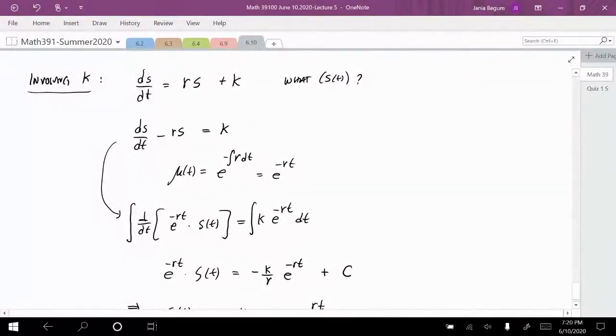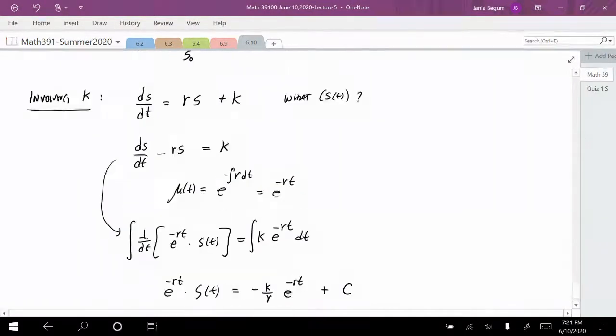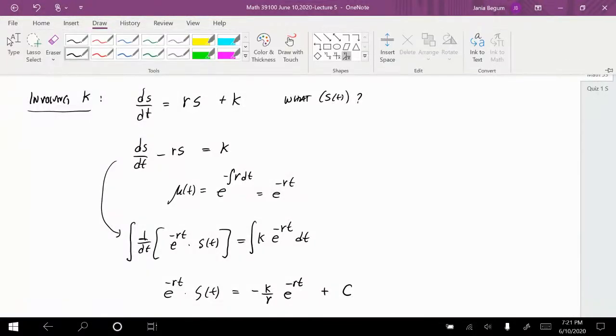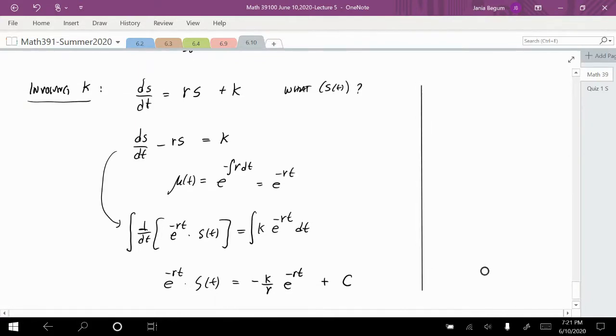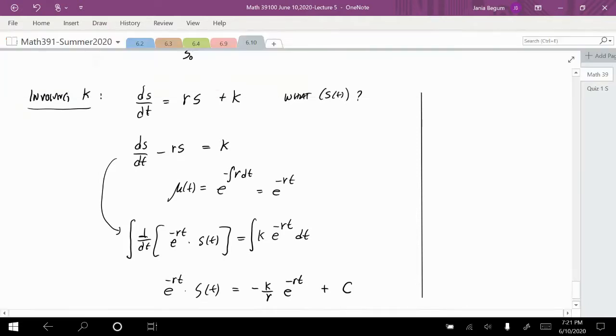But if you put a minus k, this would change slightly, right? So I'll put that on the side as well. So let me know if you guys have questions. A lot of you are very quiet today. Let me know if you guys have questions.